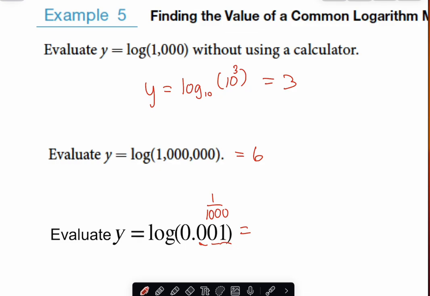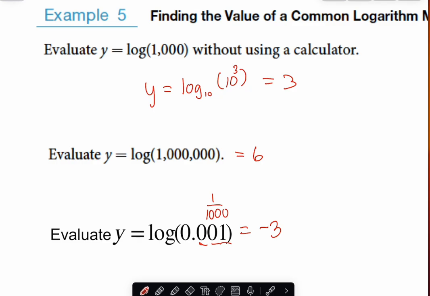So what makes 1,000? 3. What makes it flip over? Negative. So it's -3. Think about when you learned scientific notation, that -3 was used if it was a decimal value and you needed to show that your decimal was 3 places to the left.